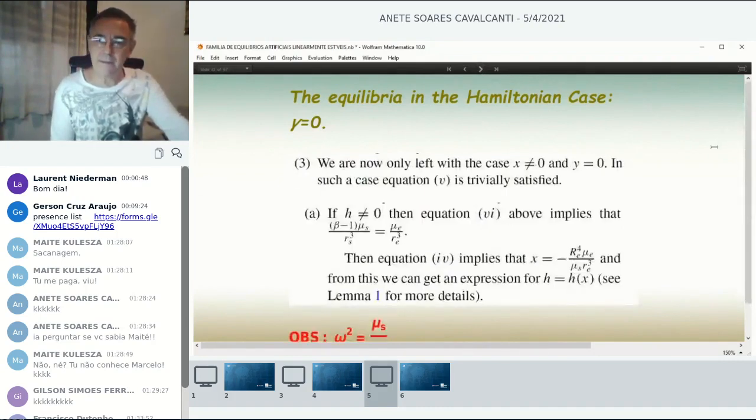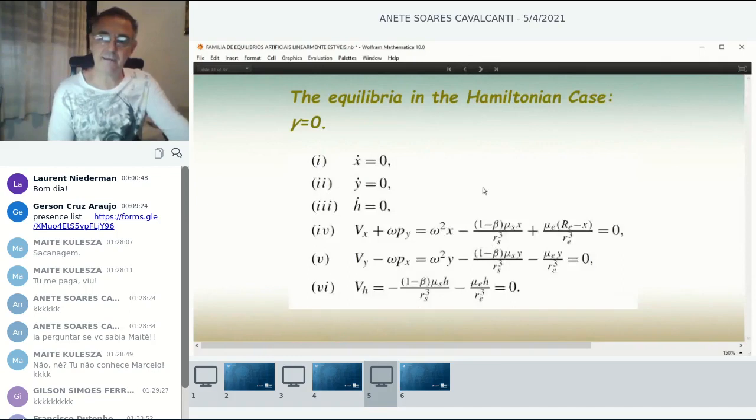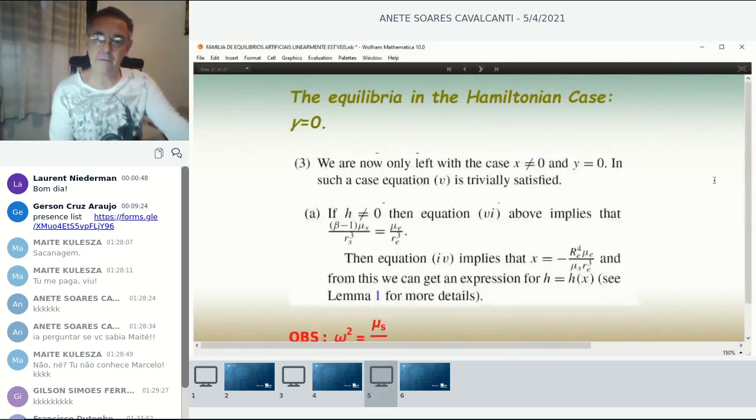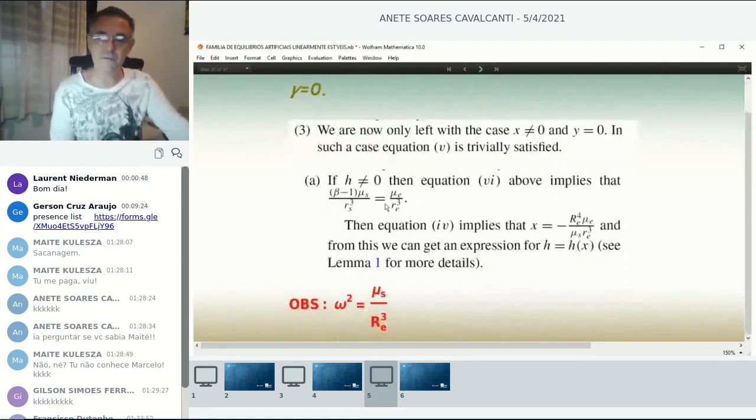Another thing is, okay, so we are left with the case in which x is different from 0 and y is equal to 0. In such case, when y is equal to 0, equation 5 is trivially satisfied. Here, equation 5 is y, so it's trivially satisfied. And we have two cases to consider.